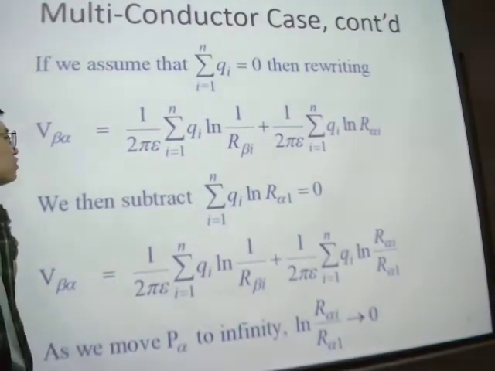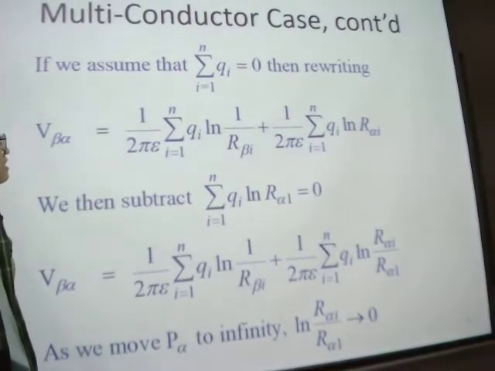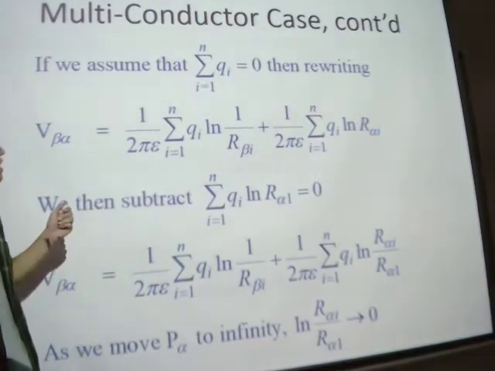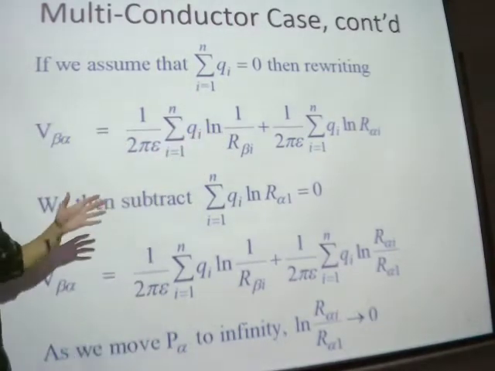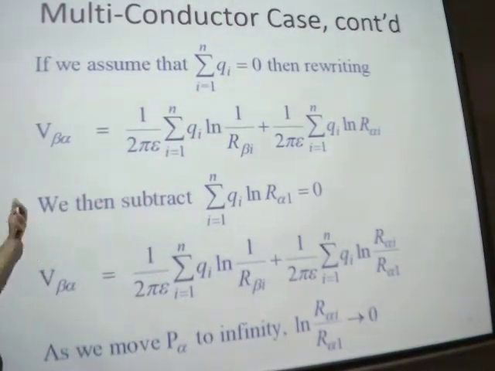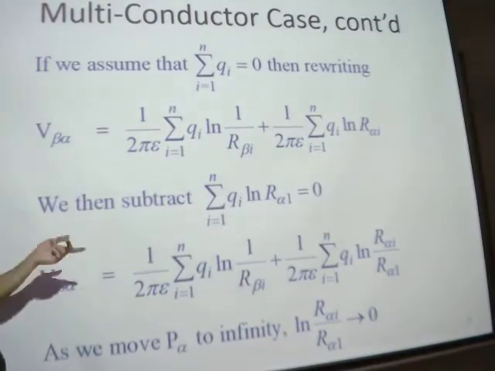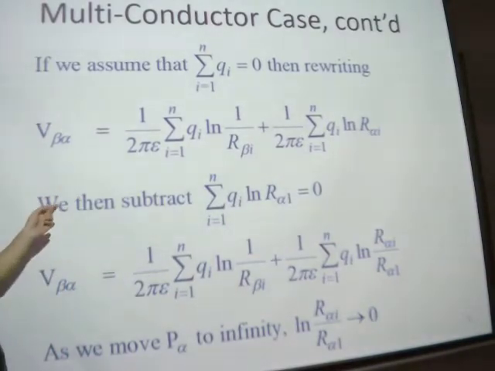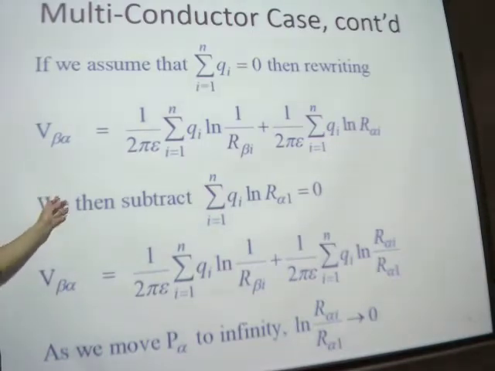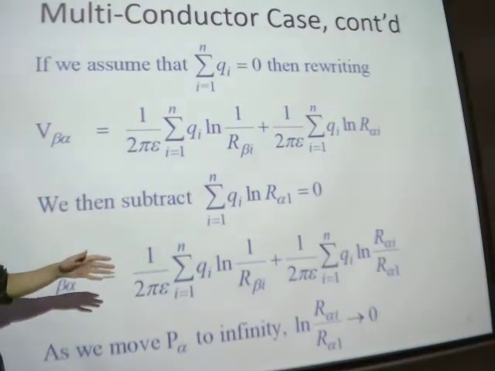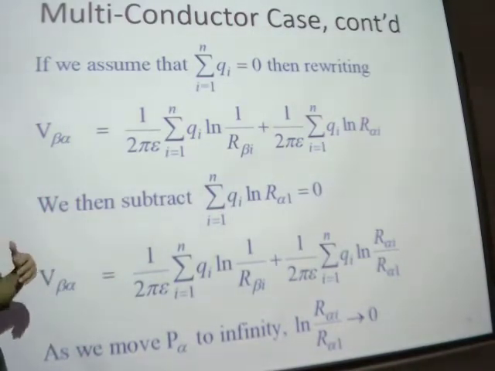We first assume that the sum of the electric charge is equal to 0, because this system is not a generator nor a node. It is a complete, whole system, so it will not send out power nor receive power.